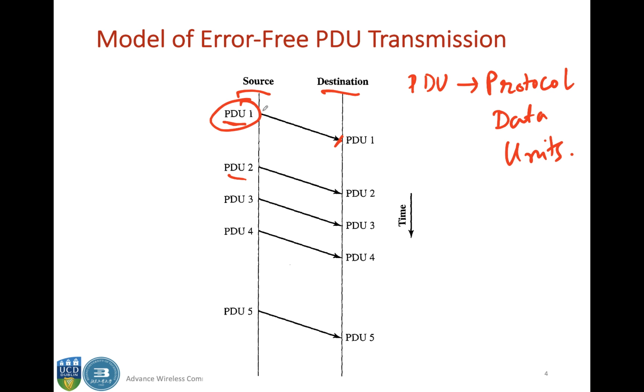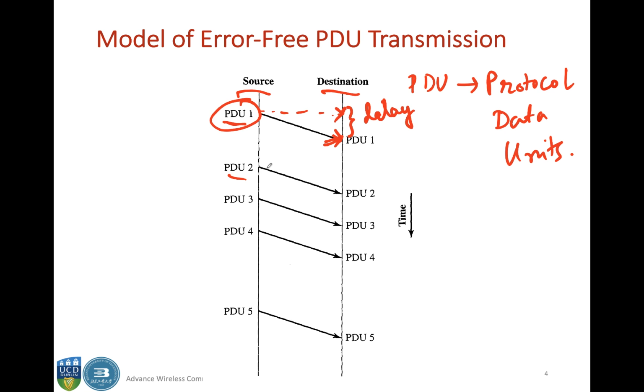Had there been no time delay, it would have been received at this point, but since there is a delay in the transmission, the delay is denoted by this gap. That's why these slanted arrows are shown here to denote complete transmission of the PDU from source to destination.